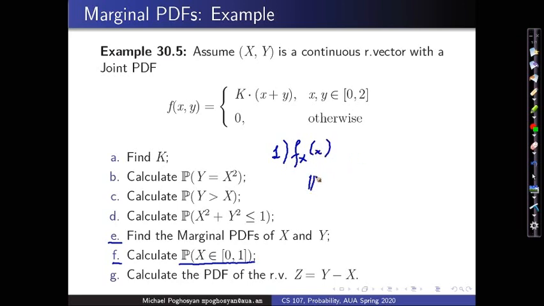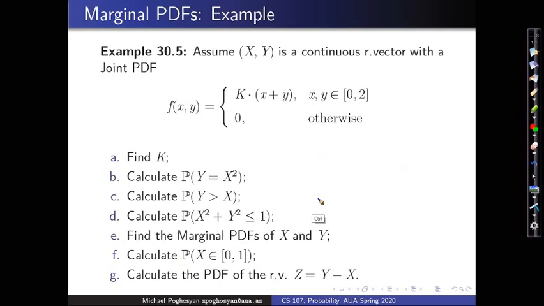So I can write the probability that x is between 0 and 1 is exactly the integral over [0, 1] of that f(x) dx. So I have the value of this PDF, I can plug, integrate, and obtain. But I can solve this without calculating the marginal PDF. So let me do that in the second way.